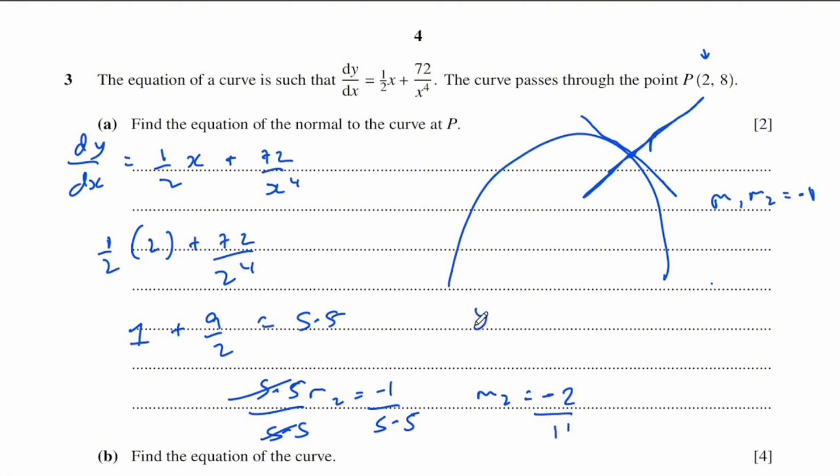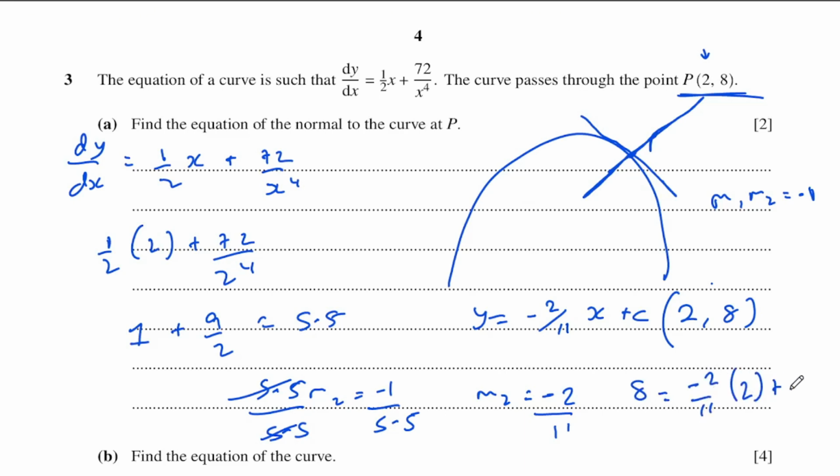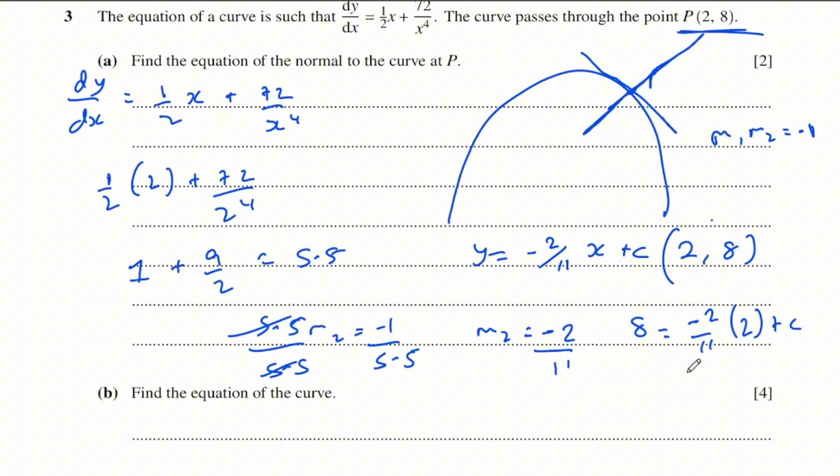Yeah? So y equals negative 2 over 11 x plus c, and then you can put in your x and y coordinates, which is 2 and 8, because it passes through that point, right? So 8 equals negative 2 over 11 times 2 plus c. This will become 8 equals negative 4 over 11 plus c.